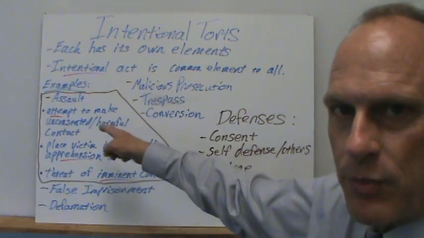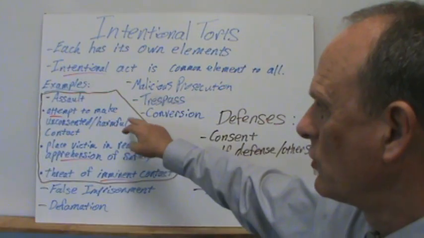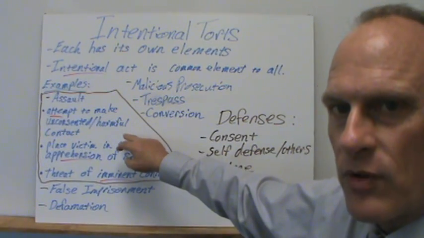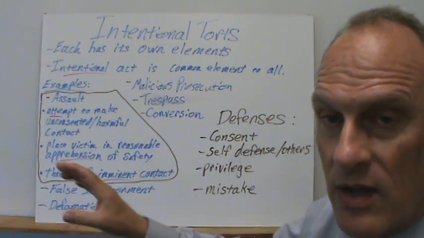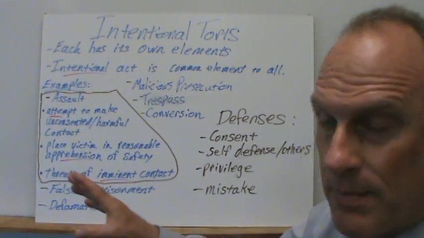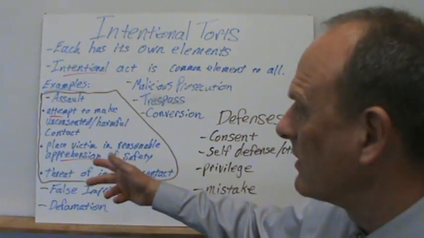That's why we call them intentional torts. Here's another example. This time it's assault, an attempt to make unconsented or harmful contact. Now, on the previous board, we had the actual contact, creating a battery, making a battery. But here, it's just an attempt to have that harmful contact.